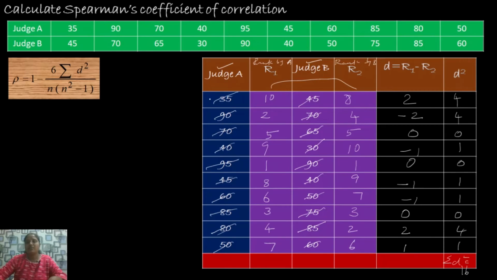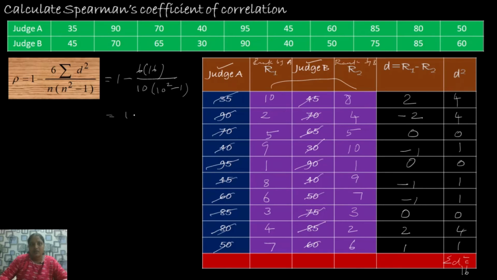So we get sigma d square is equal to 16, and substituting in the formula we get 1 minus 6 sigma d square, 16, over n. n is number of pairs of observation since we are having 10. So 10 multiplied by 10 square minus 1.